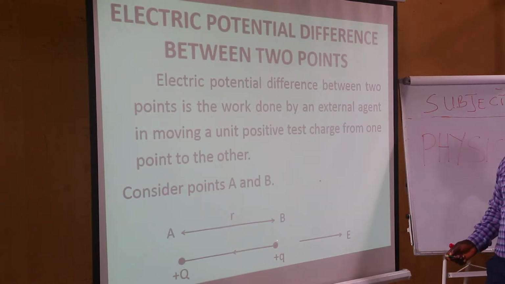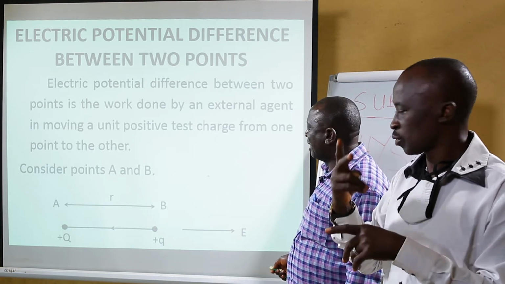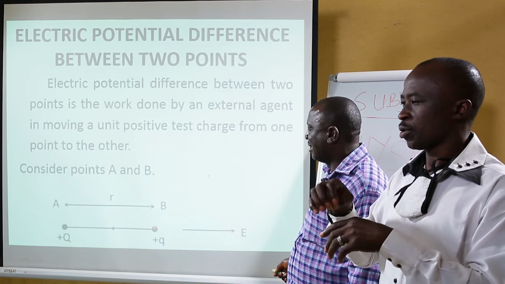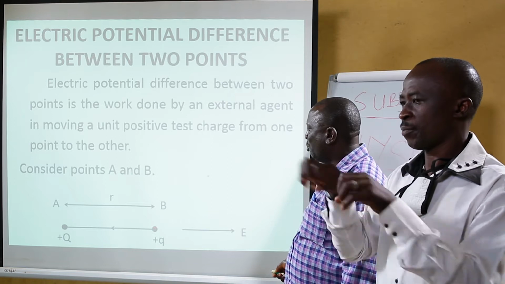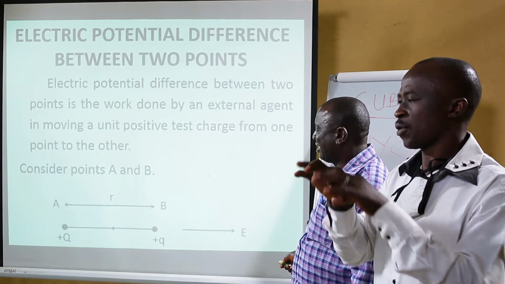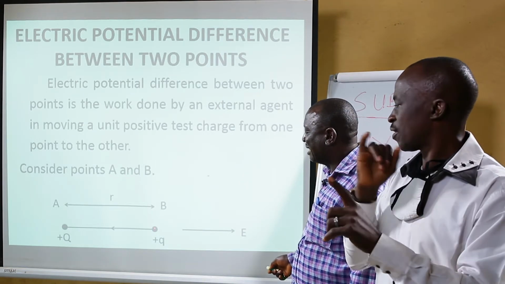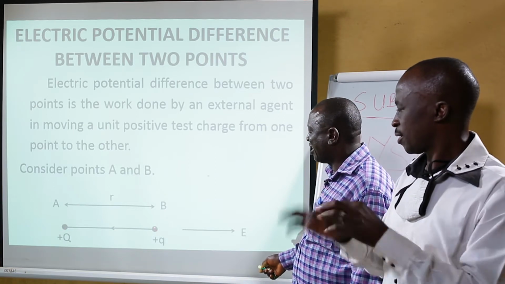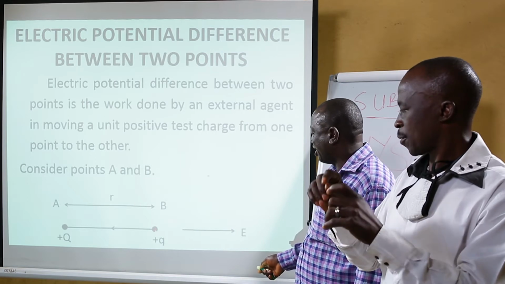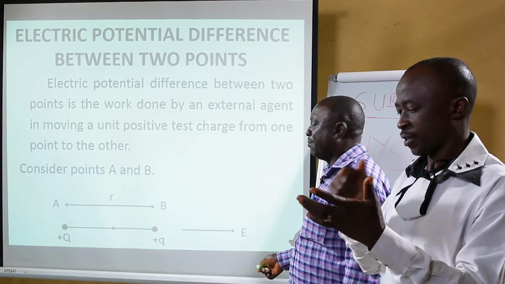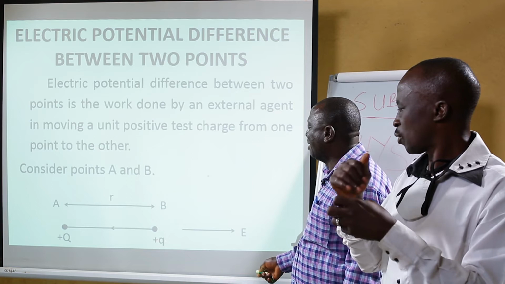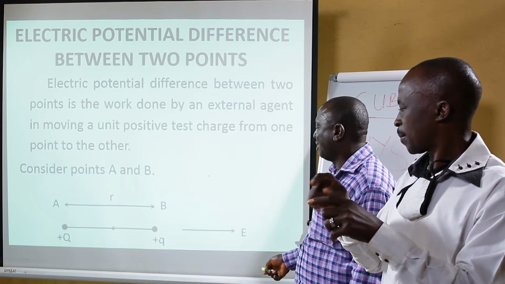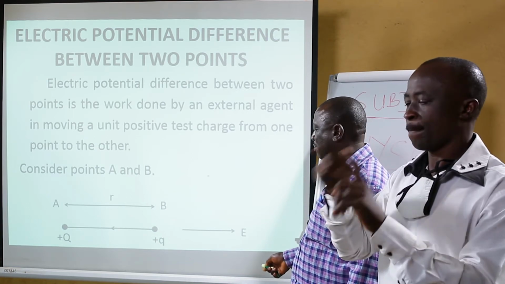Like we saw in our electric field intensity, if we place a unit positive test charge here, this charge will repel it because they are of the same sign, positive and positive, so there will be repulsion.